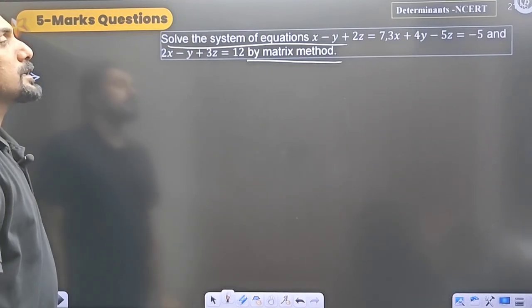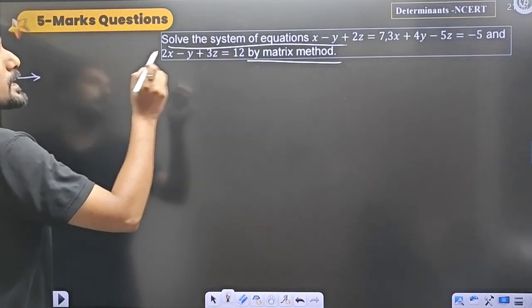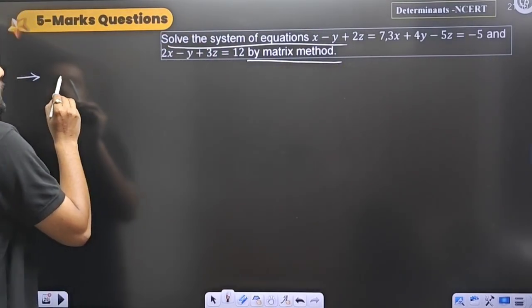Solve the system of equations. The first equation is x minus y plus 2z. So let me write A directly.